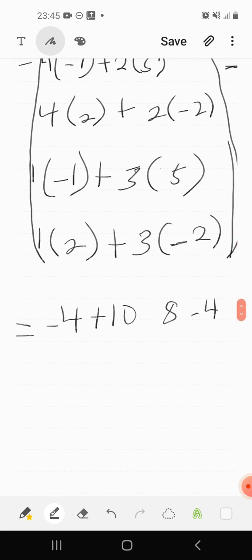Then we come to this one. -1 times -1 give us what? Give us 1. Then 3 times 5 will give us what? 15, right? So you have plus 15.